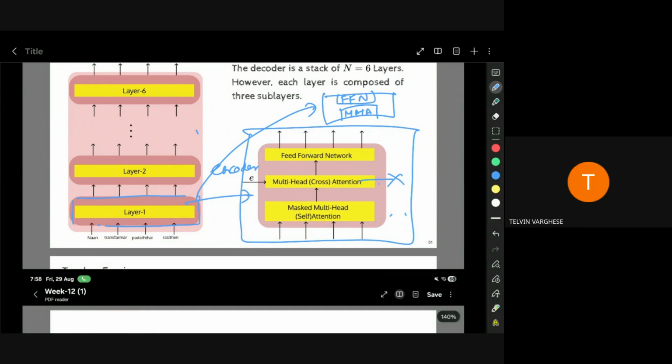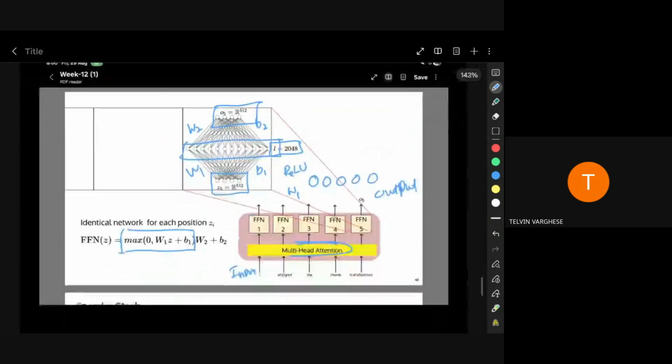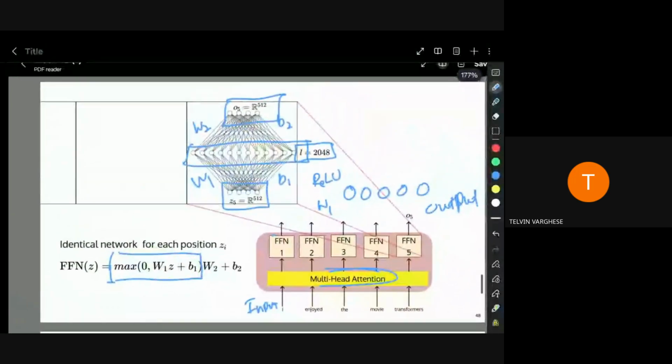Sir, how can we calculate the L value in the FNN? Sorry, I didn't get the question. Can you repeat? If you scroll down, in the feed forward network, we have the L value, right? How will we calculate that dimension? The dimension will be based on whatever W1 is given.